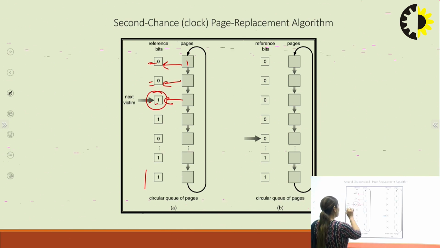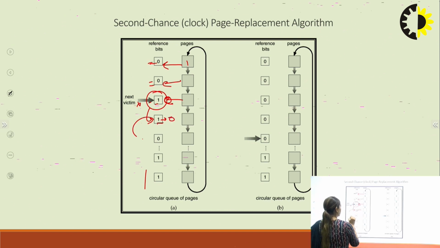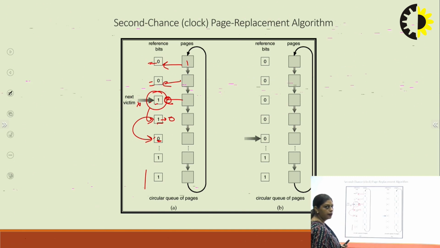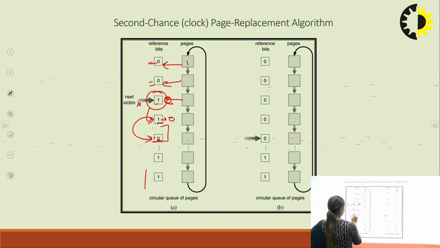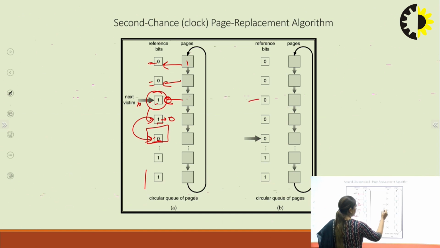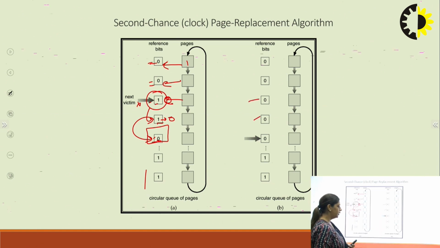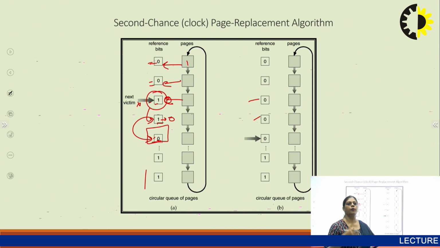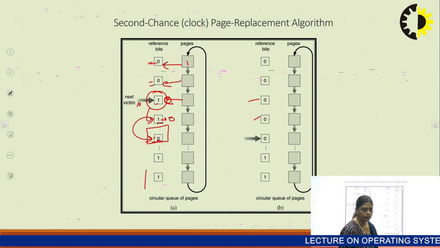But we will not replace it, we will set it to 0 and go to the next, right? Again we see that it is 1. We will set it to 0 and go to the next, right? Then here we are getting 0, this will be selected as a victim. And these will be set to 0, meaning they are given a second chance, maybe they can be referred again, right?